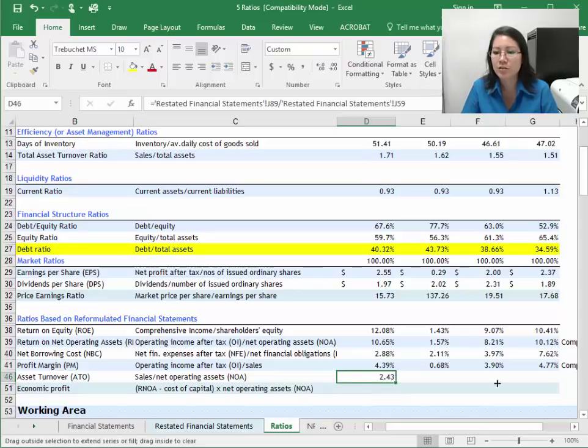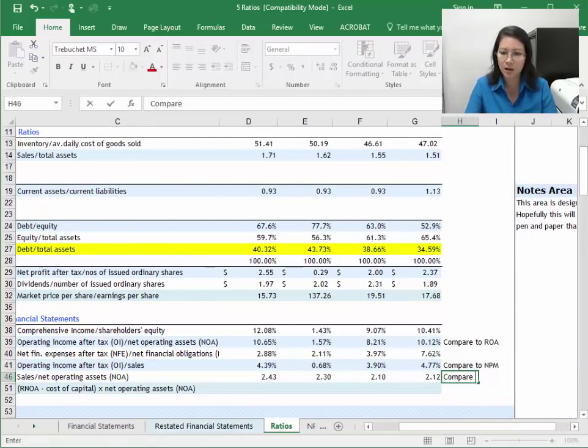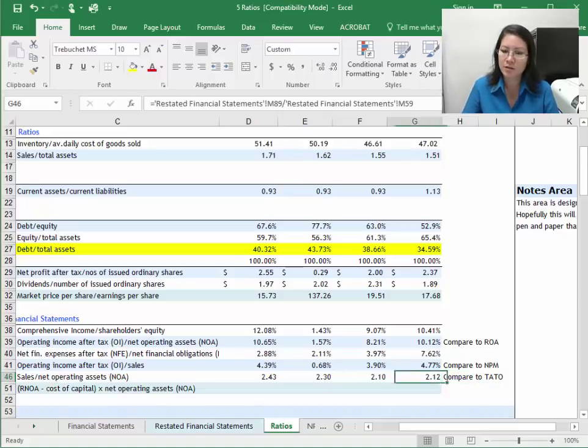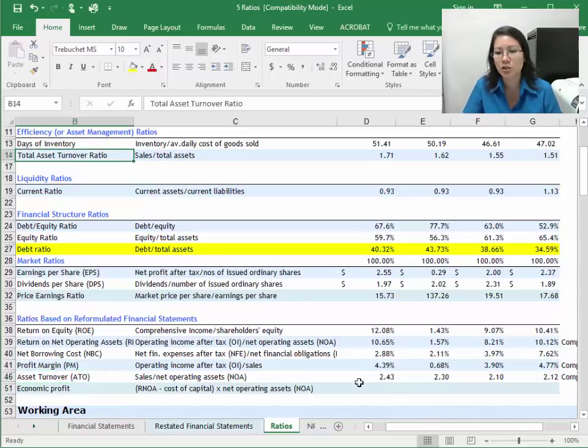And fill it across and put here to remind myself to compare to my total asset turnover ratio from above, which is this one here. My total asset turnover is my TATO. So compare my ATO to my TATO. My ATO, my asset turnover, with my restated to my total asset turnover.